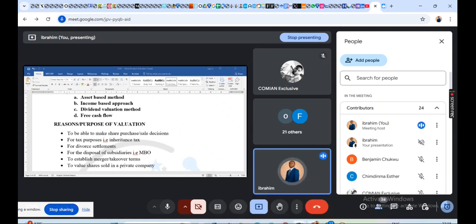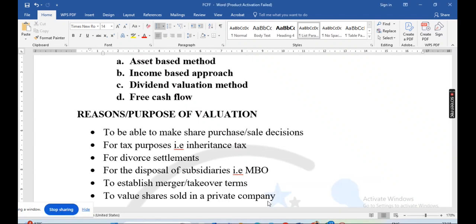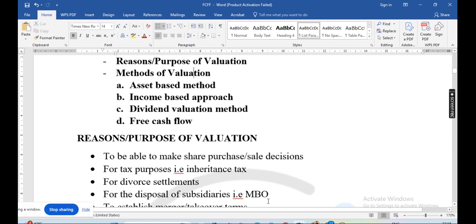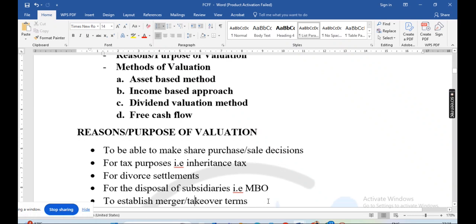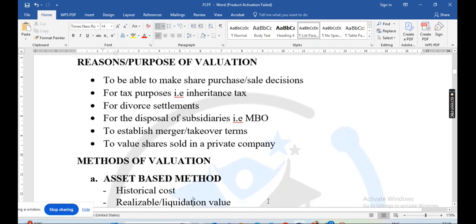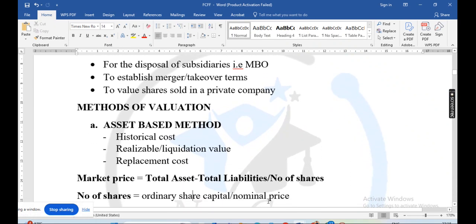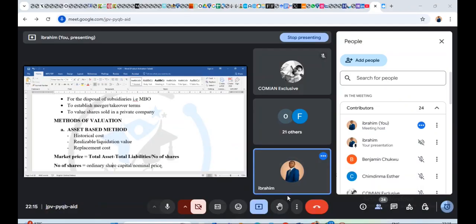So the question may ask you to highlight the reasons for valuation of a business, and these are the reasons. If that is established, we will move to the methods of valuation.